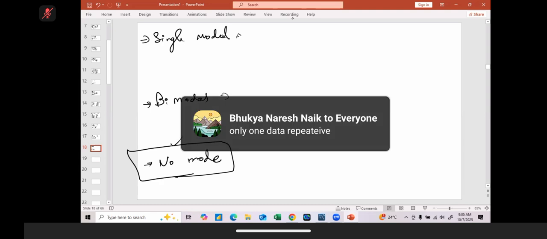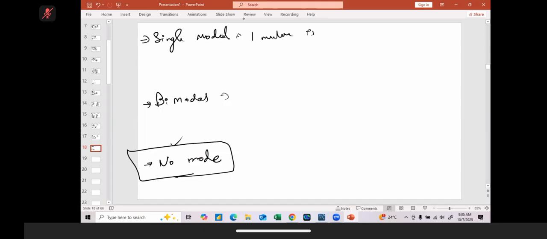Single mode means only one number is repeated the most number of times. Is this understood? Single mode is nothing but only one value repeated the most number of times.